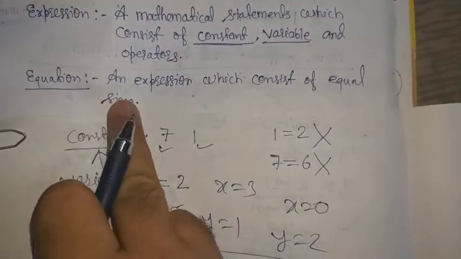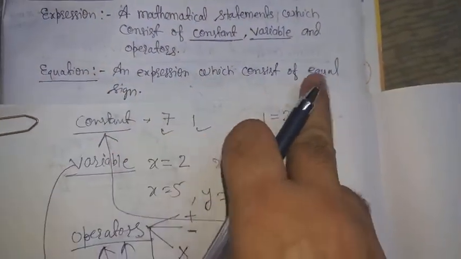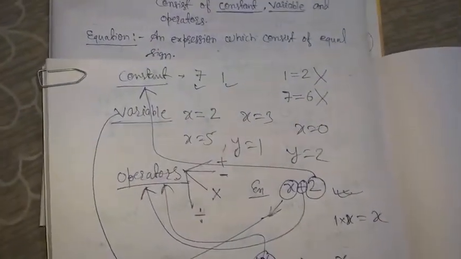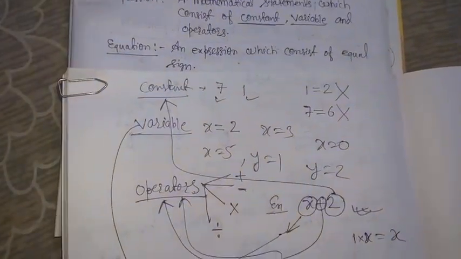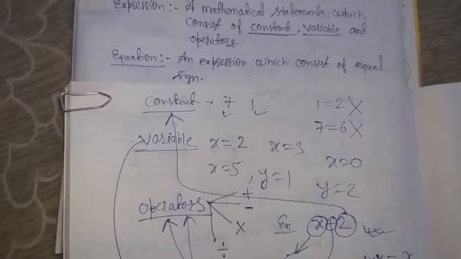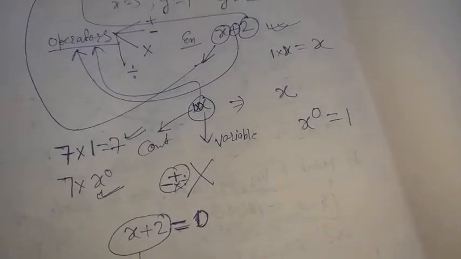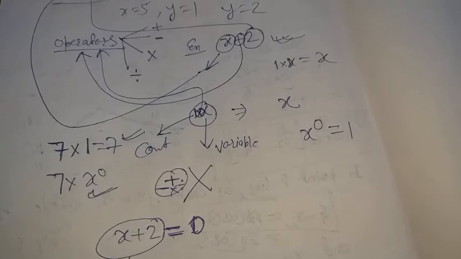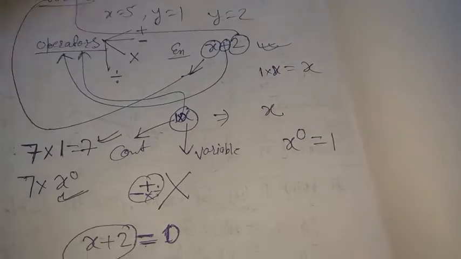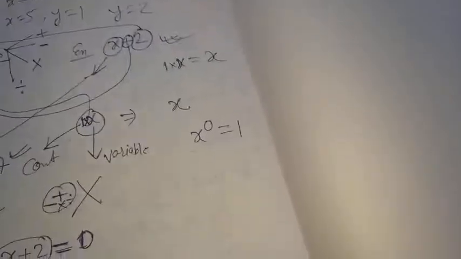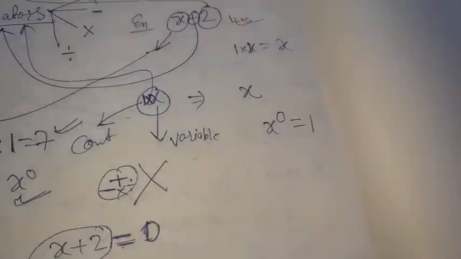So an equation is an expression which consists of an equal sign. So these are about expression and equation, and now we will learn about types of expression and types of equation.